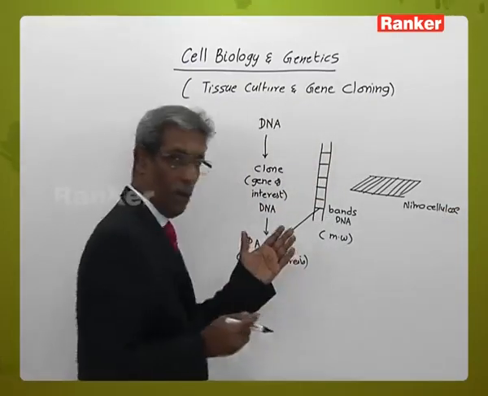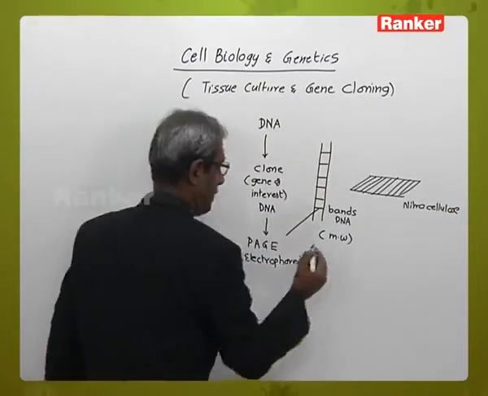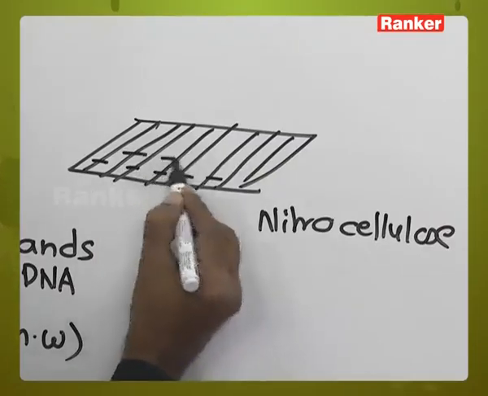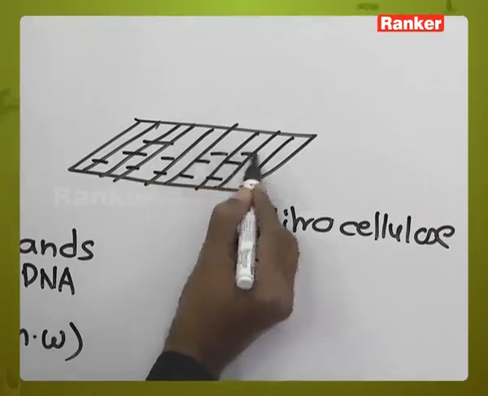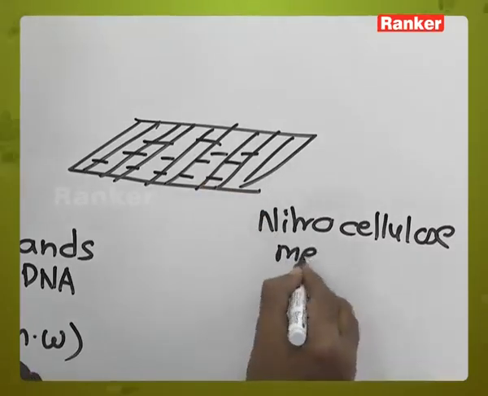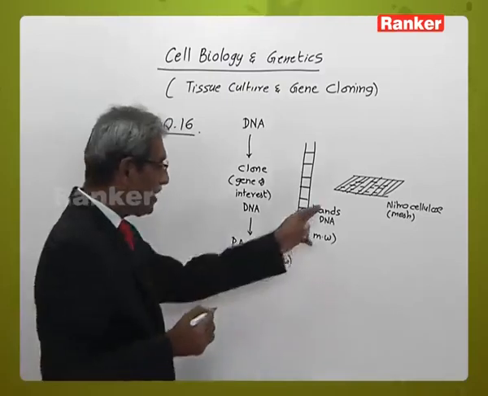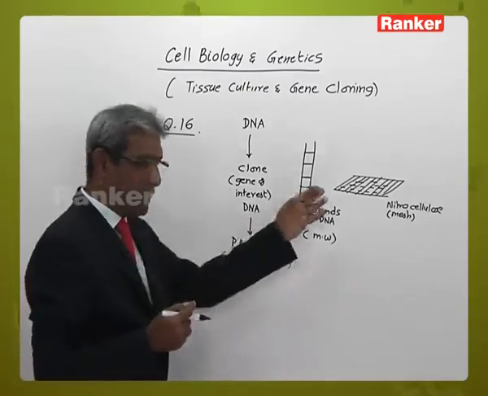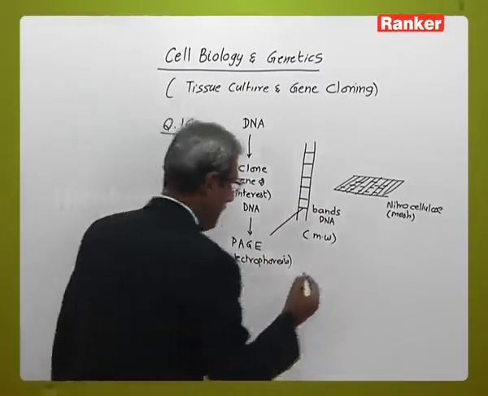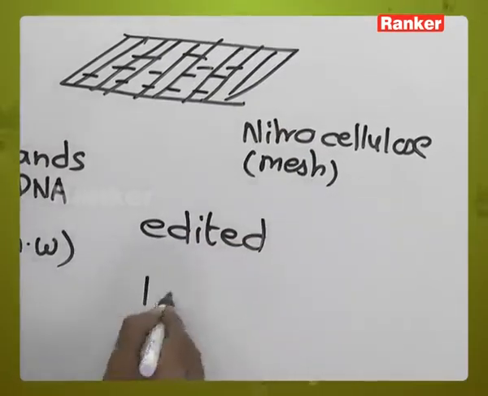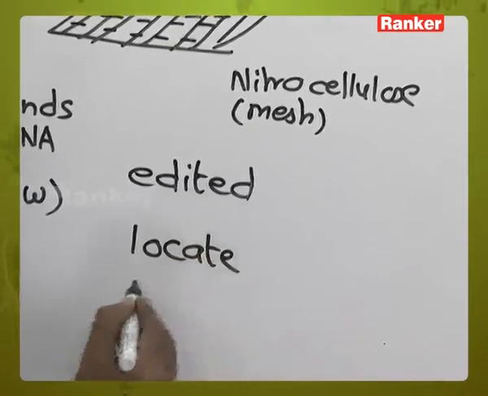You take the nylon mesh and place it on the DNA, and then it can take images of the DNA. So, it is a nitrocellulose mesh. After you take this nitrocellulose mesh, the same DNA profile can be edited and you could locate your gene of interest.